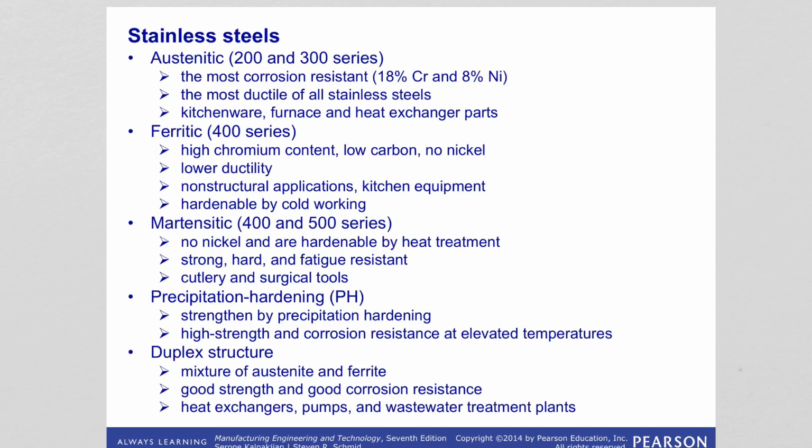These are the most ductile of all stainless steels and are used in kitchenware, furnace and heat exchanger parts. They are hardenable by cold working, basically showing significant work hardening. But the bad thing about them is they are susceptible to stress corrosion cracking.